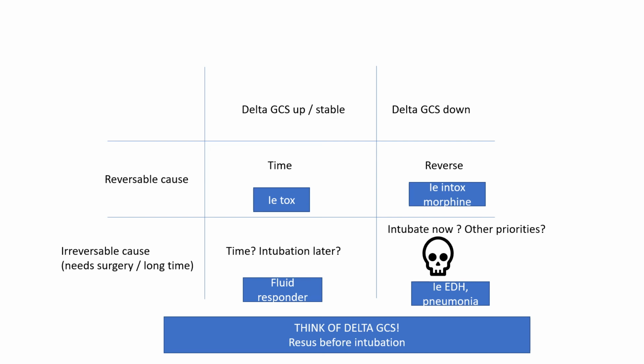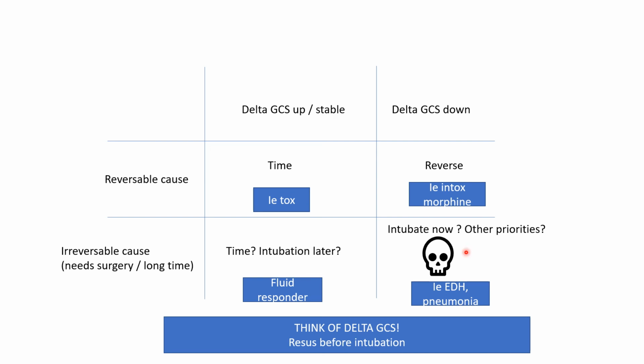If you have a delta GCS that is going down, and it's an irreversible cause, then usually you have to intubate them now rather than later. And then it's a matter of what the other priorities are right now. Maybe it's a trauma where you have both an epidural hematoma and hypotension because of a bleed somewhere. Then maybe you want to get them blood before, but there's a low list of priorities that are more important than getting the tube in.